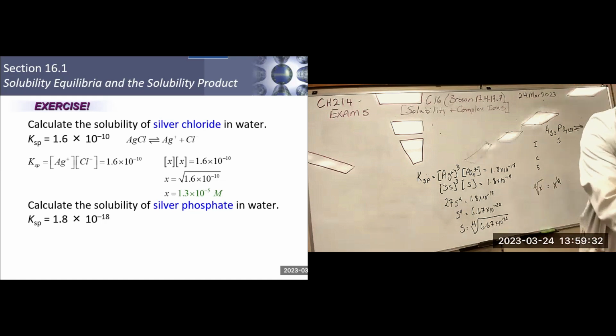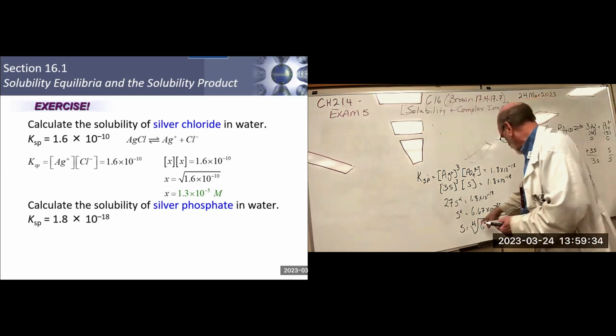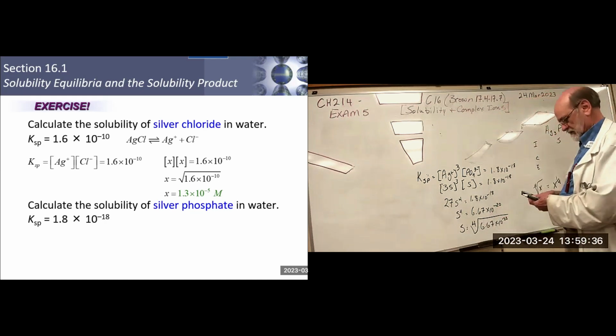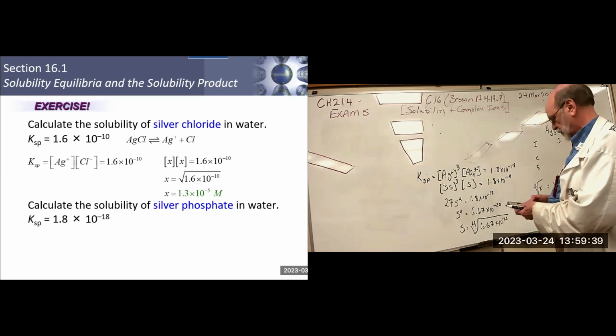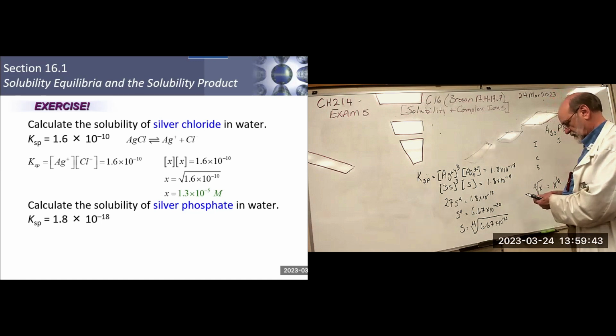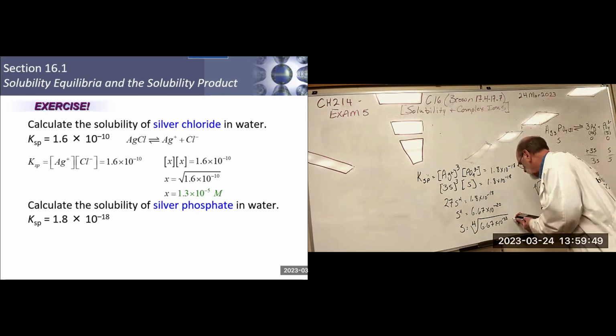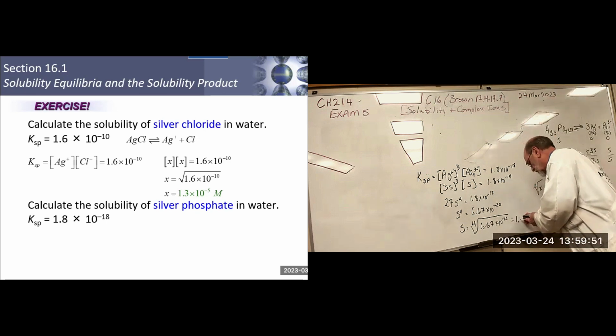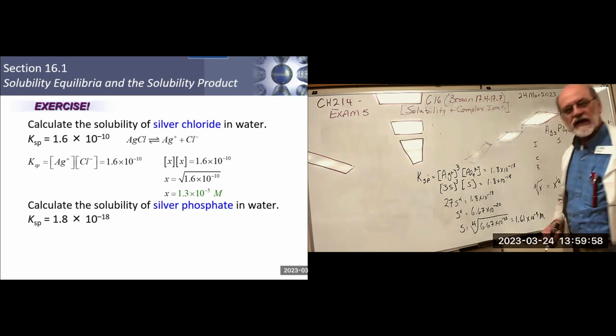Okay, so let's take this value here and do the 1/4 power of that one. 6.67 exponent minus 20, and then 1/4 power. Equals 1.61 times 10 to the minus 5 molar solubility.